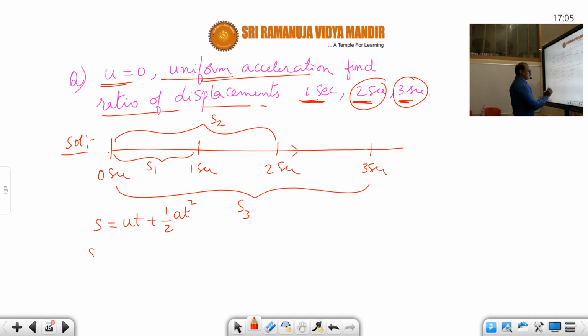So s1: starting velocity equal to 0, plus half into acceleration, uniform acceleration, because we are finding the ratio and the accelerations are going to get cancelled. Time t equals 1 second. Therefore s1 is equal to a divided by 2.